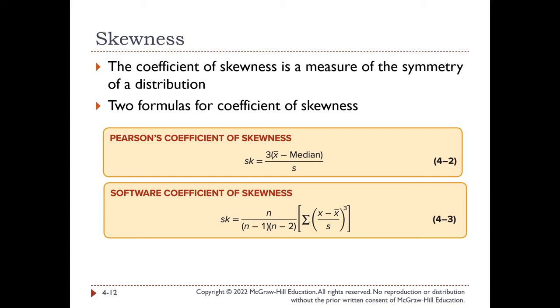Professor Karl Pearson developed the simplest formula for calculating skewness, which is based on the difference between the mean and the median. Basically, the skewness is 3 times x bar minus the median, divided by the standard deviation.